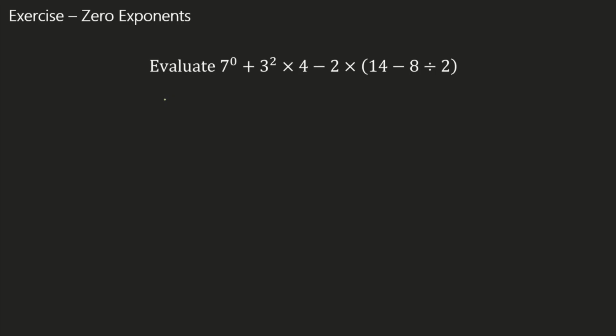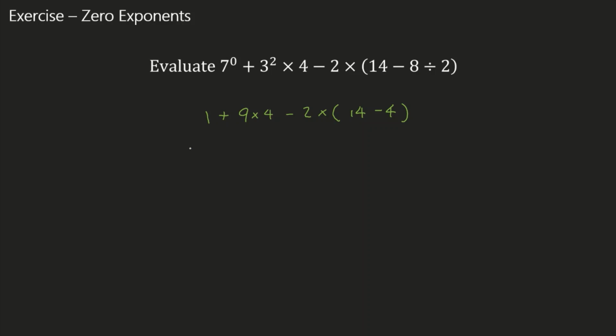Let's look at our last exercise problem. Evaluate this expression. So here we have a number raised to the zeroth power. And we said that any number raised to the zeroth power is 1. So we have 1 plus 3 squared is 9 times 4 minus 2 times parentheses 14 minus 8 divided by 2 is 4.